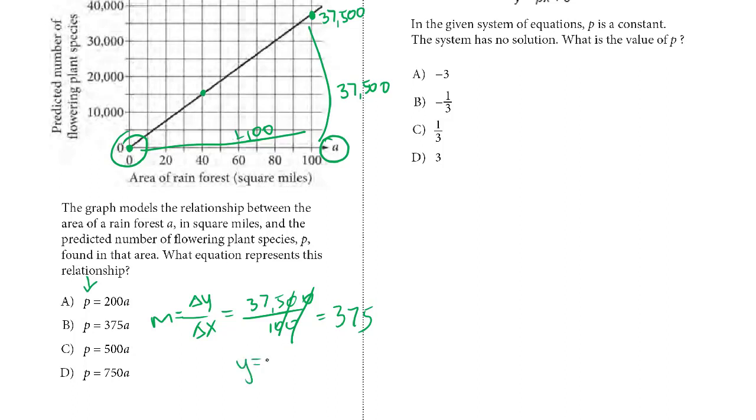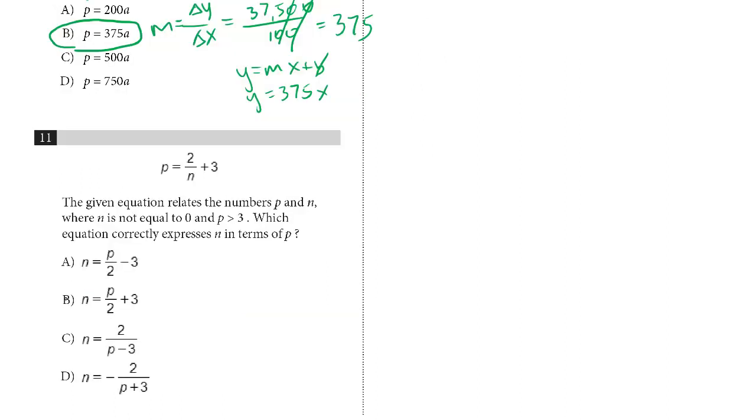That's equivalent to y equals mx, where b is 0, being y equals 375x. The only difference here is my y is P, my x is A, and the correct answer for number 10 is B. Okay. You know, again, this point at 40 and 15,000, that could have worked as well.